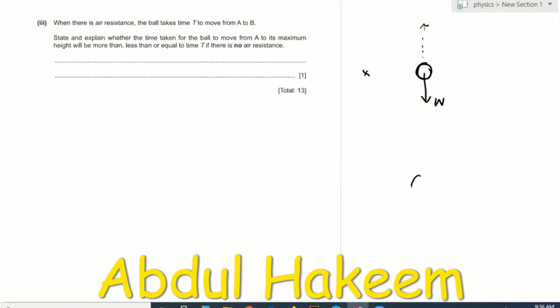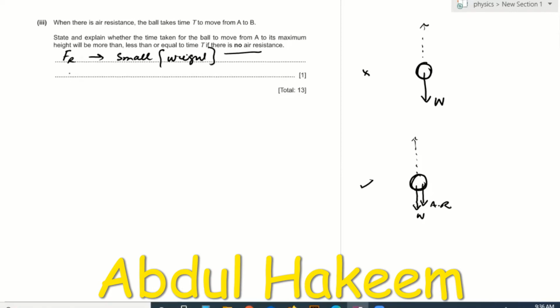But when the same ball is moving up in the presence of air, one force acting down is weight and the other is air resistance. So in the absence of air resistance, the resultant force is small, only the weight.